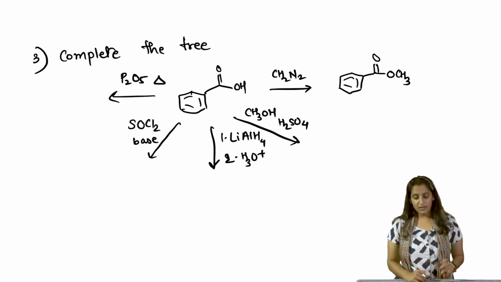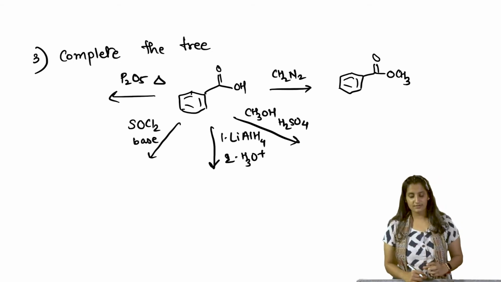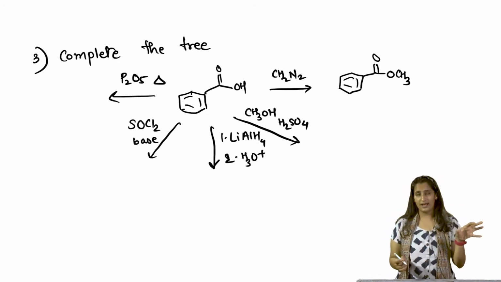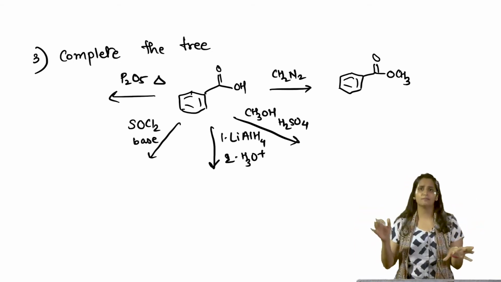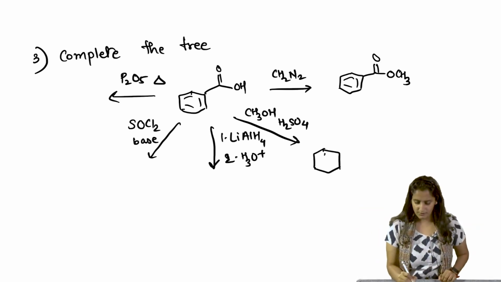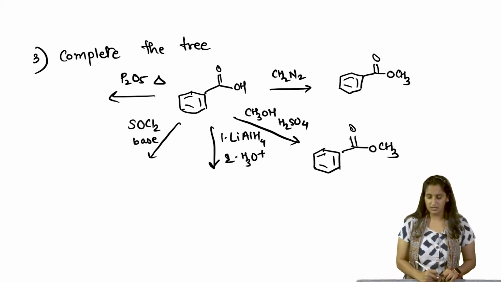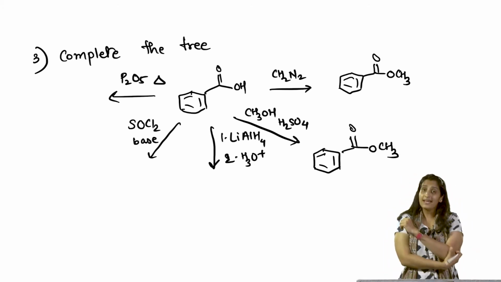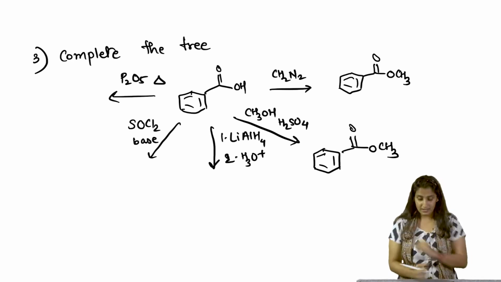Then with methanol and H2SO4, so these are the reaction conditions. So, acid, alcohol and mineral acid, this is Fischer esterification. So, for Fischer esterification we are going to see a nice ester formation.